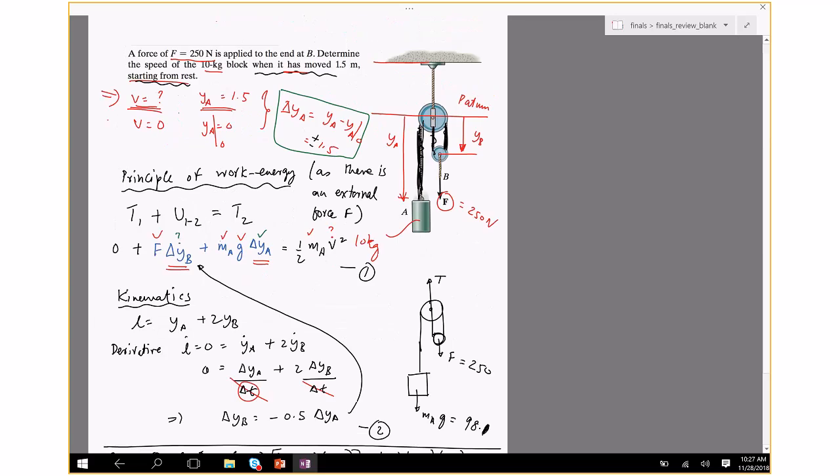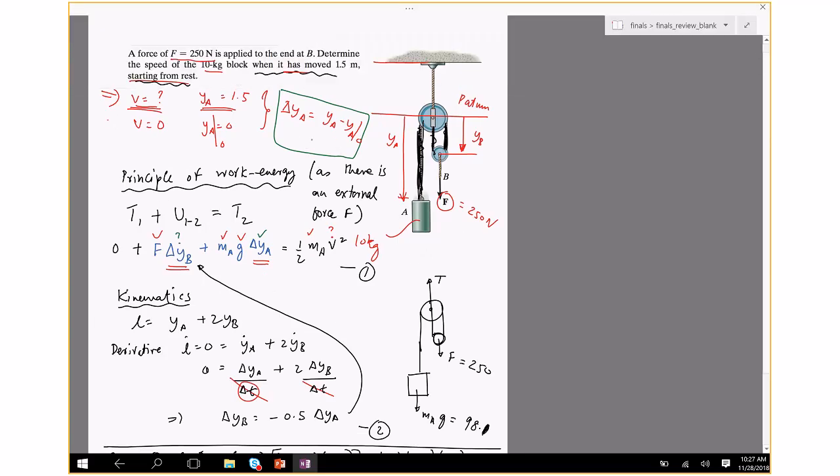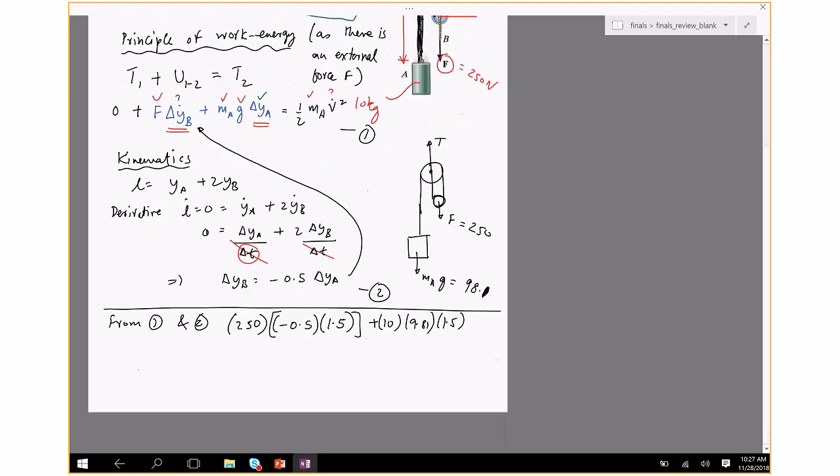So I actually made an error here. I just have to put a negative sign. So there's a negative sign here, and negative 1.5 equals half times 2 times 10 times V squared.